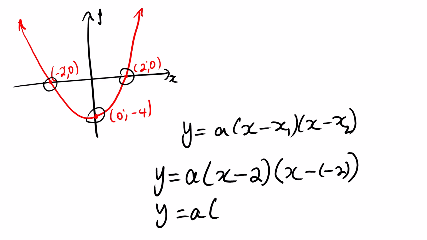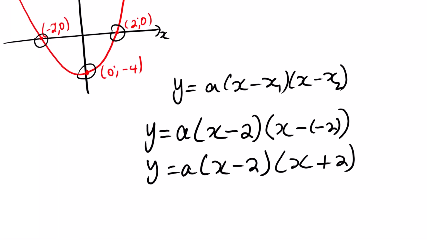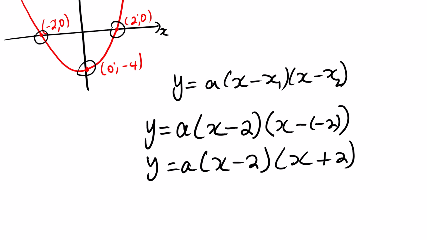This will give us a(x - (-2))(x - 2). Now you can see the equation has negatives, so the negative of negative 2 becomes positive, and we end up having a(x + 2)(x - 2).